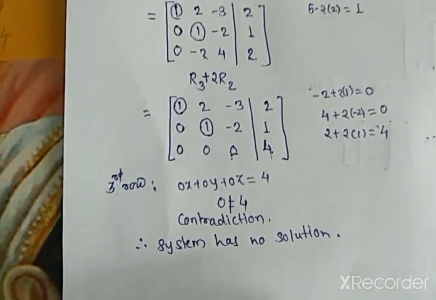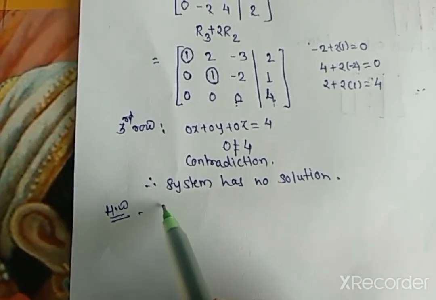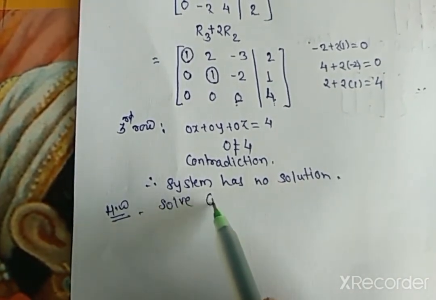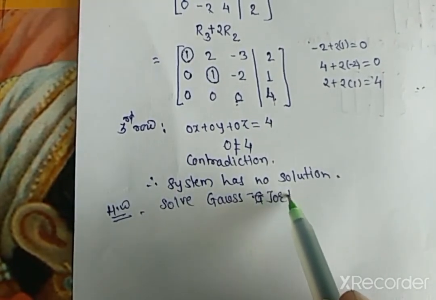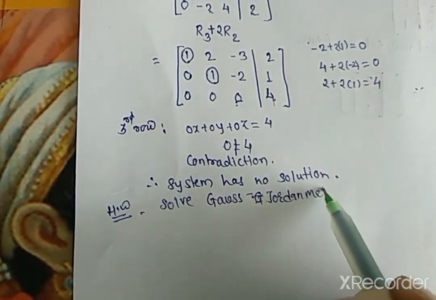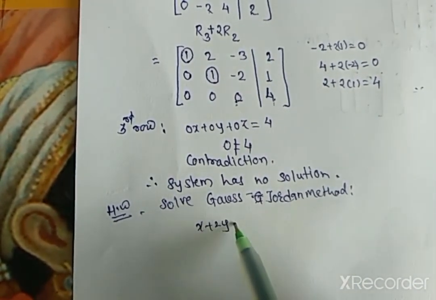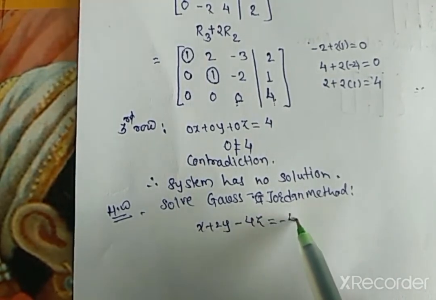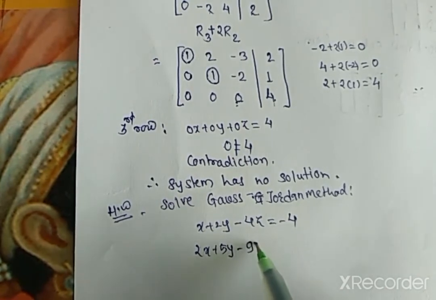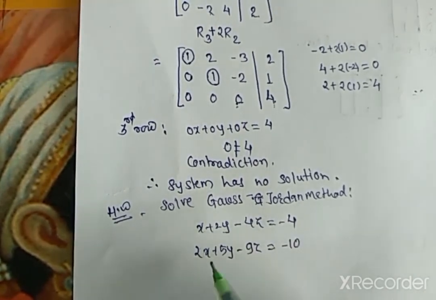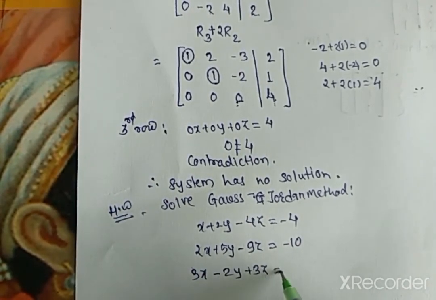For homework, I will give you a problem to solve by the Gauss-Jordan method. The example is x plus 2y minus 4z is equal to minus 4, 2x plus 5y minus 9z is equal to minus 10, and 3x minus 2y plus 3z is equal to 11.